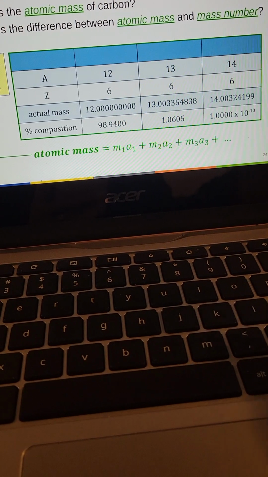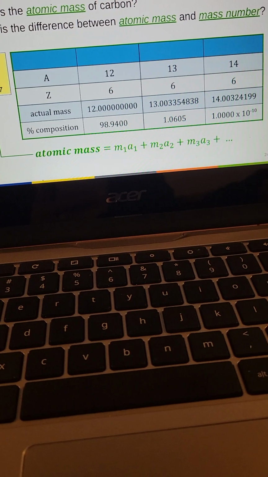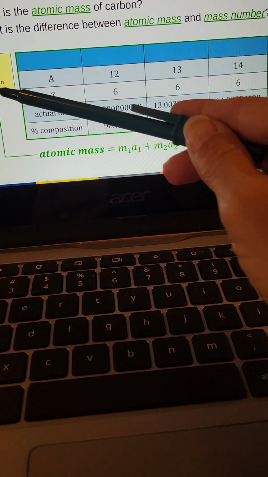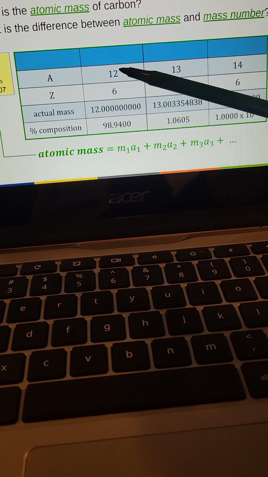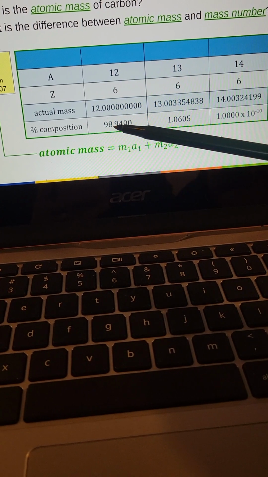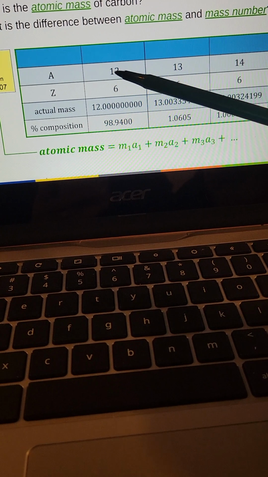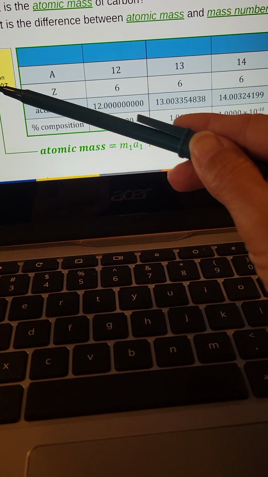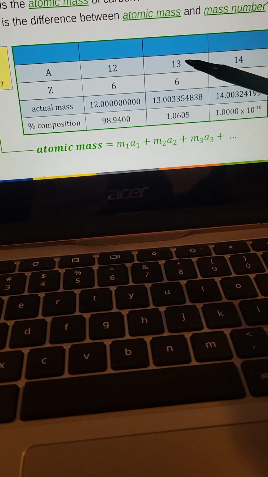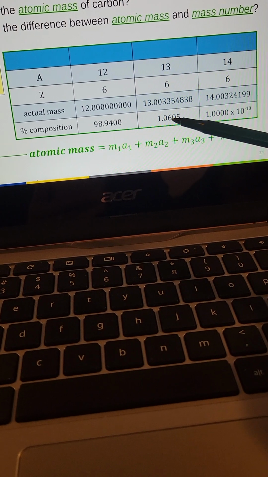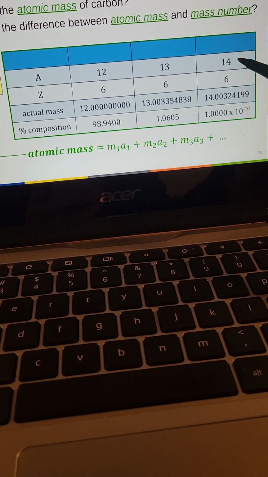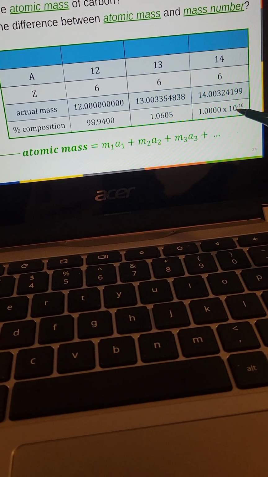That's why if you look on your reference table at the mass of carbon, it's 12.0107. It's very, very close to carbon 12 because it's mostly all carbon 12. It's a little bit higher than 12, because there is a little bit of carbon 13 and a really, really tiny amount of carbon 14.